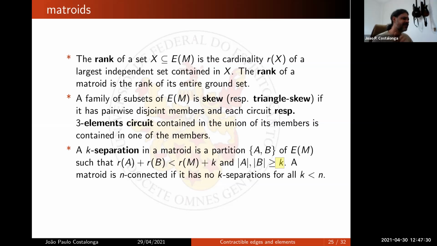This is not exactly the same definition of connectivity for graphs, but it's very similar. A matroid associated with a graph is tri-connected if and only if the graph is tri-connected and simple. The difference here is that we do not allow small circuits. Like a two-element circuit would be a two-separating set.